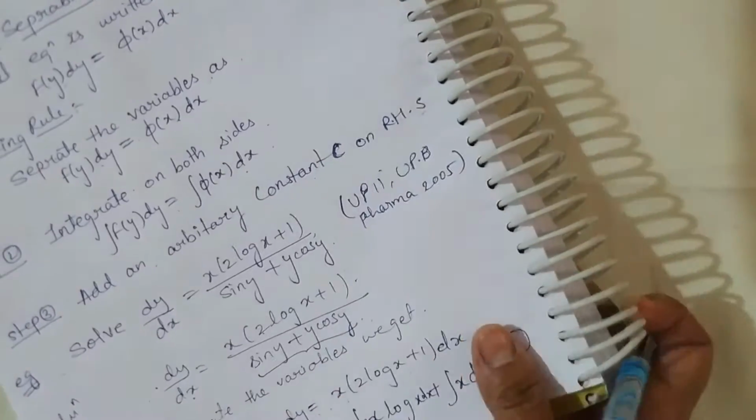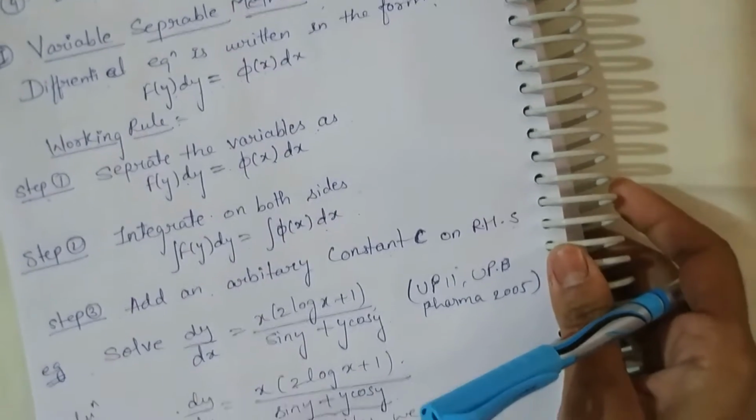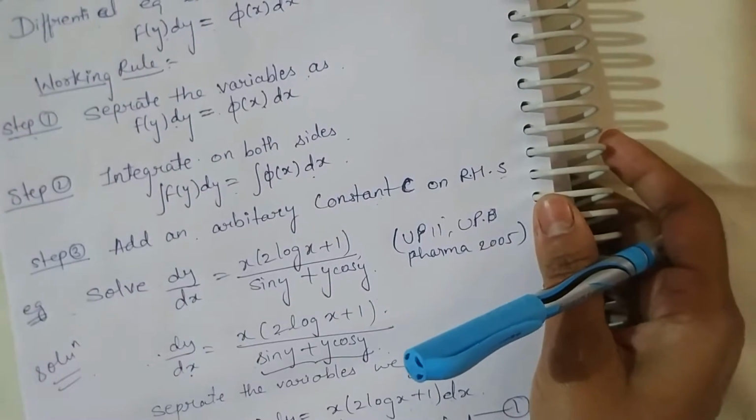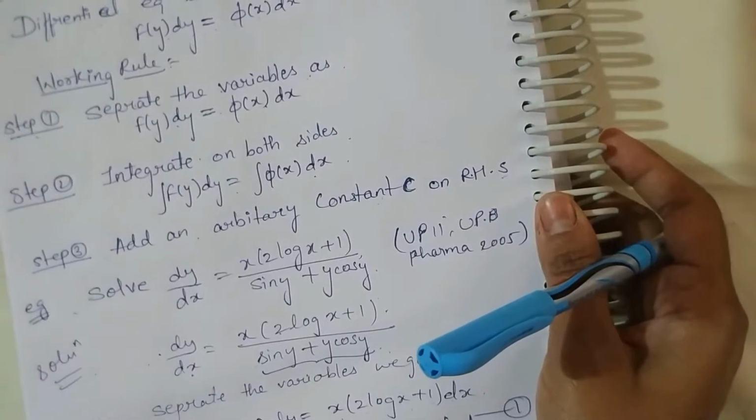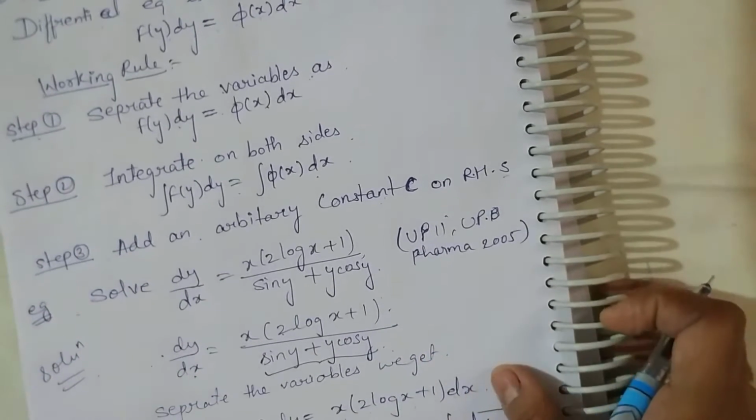We get, since the integration of sin y is minus cos y, and the integration of y cos y, here we have two terms, y and cos y. So we integrate this by using the ILATE rule.